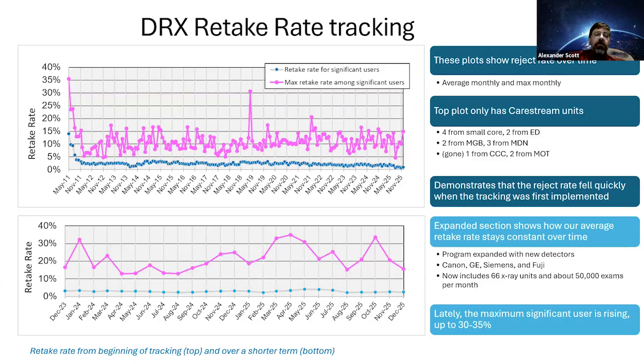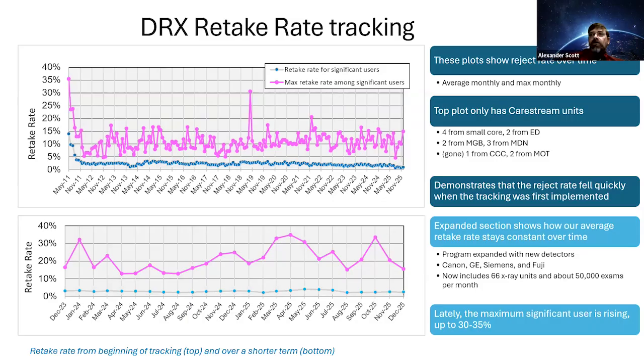So this is what our reject rate looks like. Way back when we first started in 2011, we were finding that the average reject rate was about 15%. And for the highest user, it was 35%. So those numbers have been reduced dramatically. We've been pretty consistently at 2.5% since then.